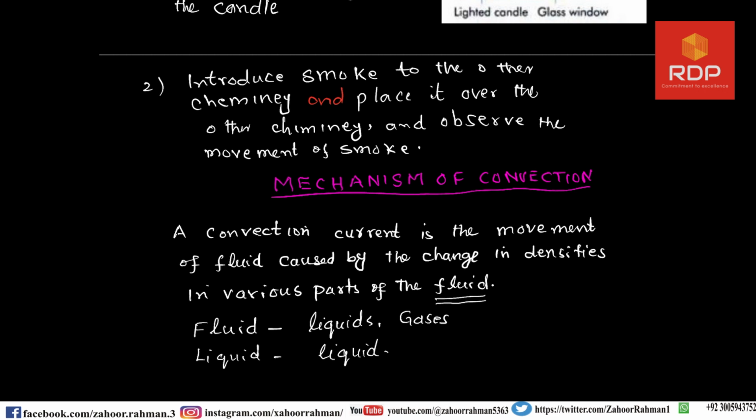This is because convection involves the bulk movement of the fluids which carry heat with them. For solid, the heat is transferred from one molecule to another without any flow of the molecules themselves.